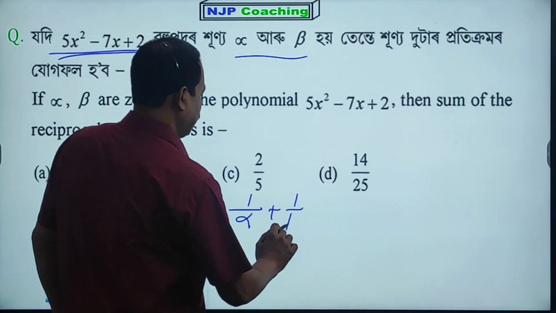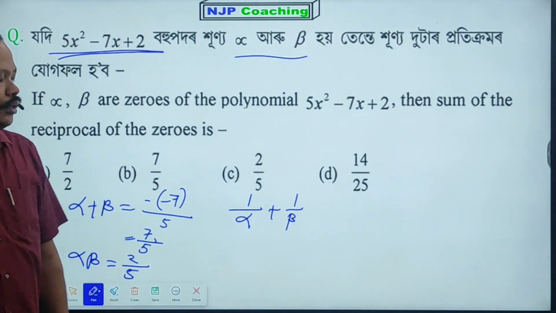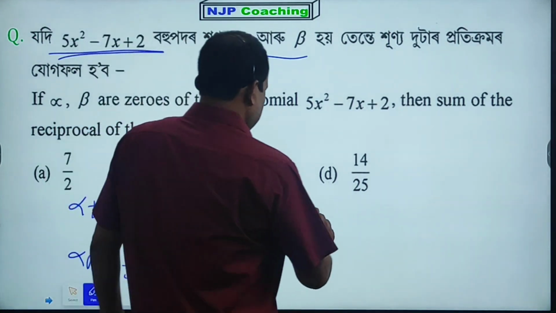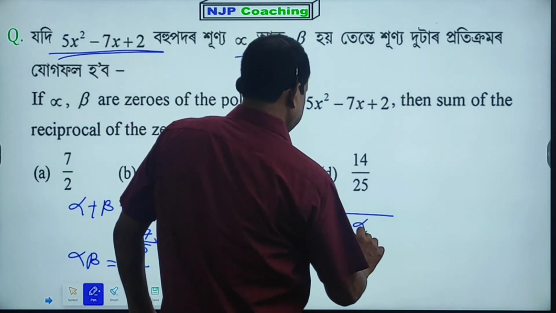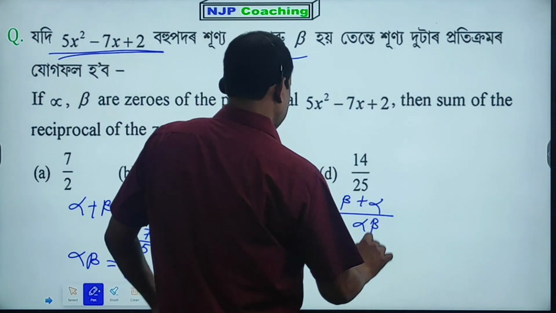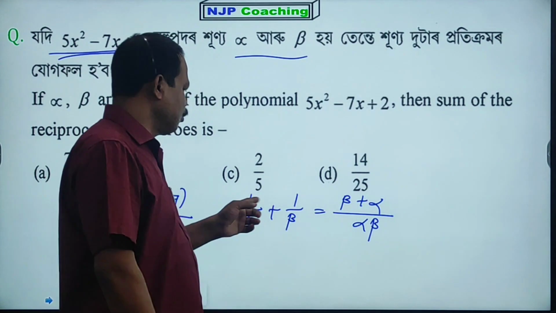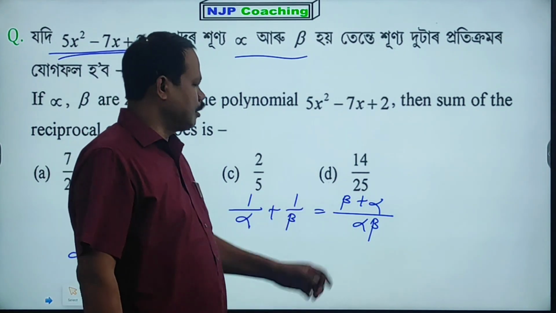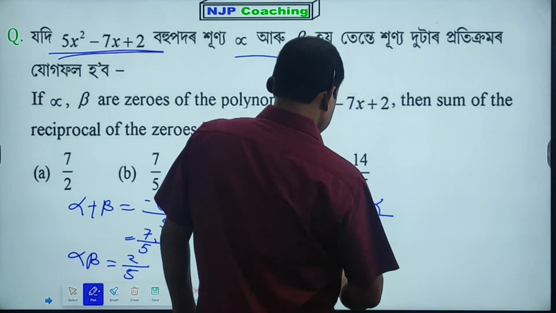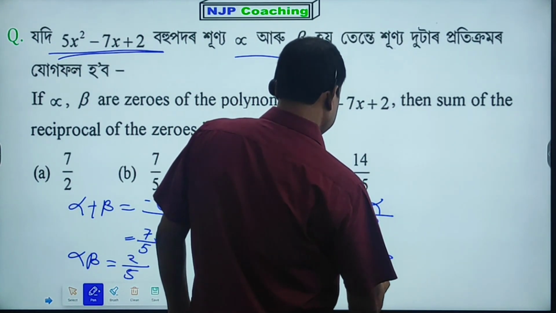That means 1 by alpha plus 1 by beta. This is the reciprocal of the zeros. If we take the LCM, the LCM is alpha beta, and if I divide alpha beta by alpha, it will remain beta, and then alpha, so it is alpha plus beta by alpha beta.